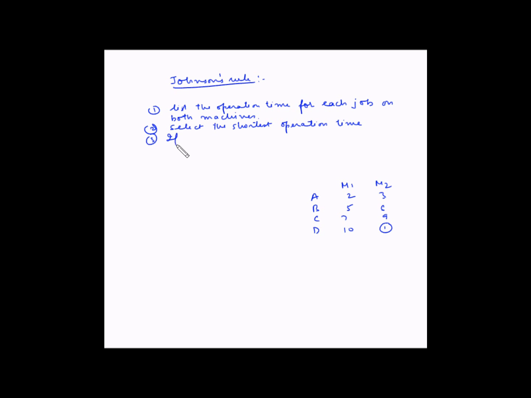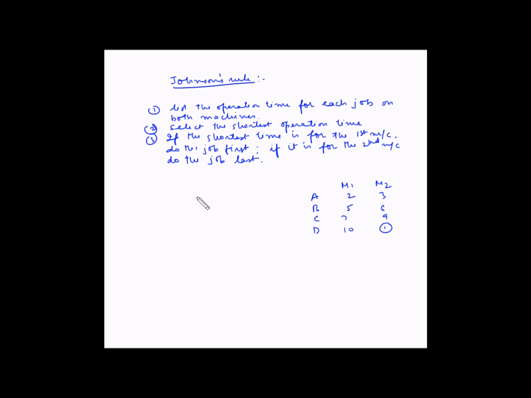So it says, if the shortest time is for the first machine, do the job first, and if it is for the second machine, then do the job last.